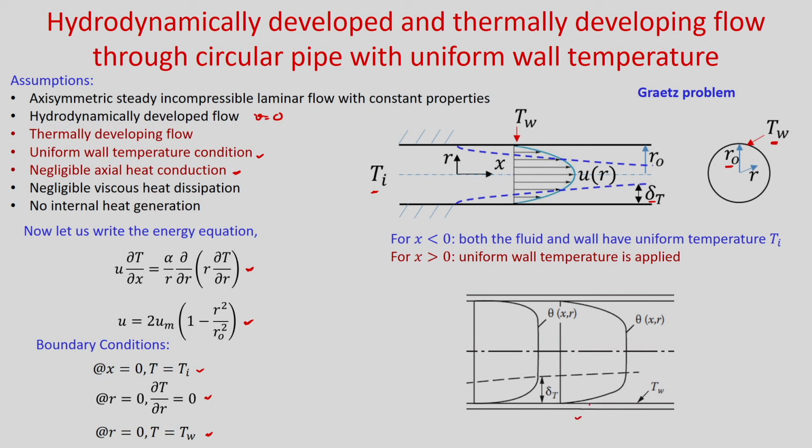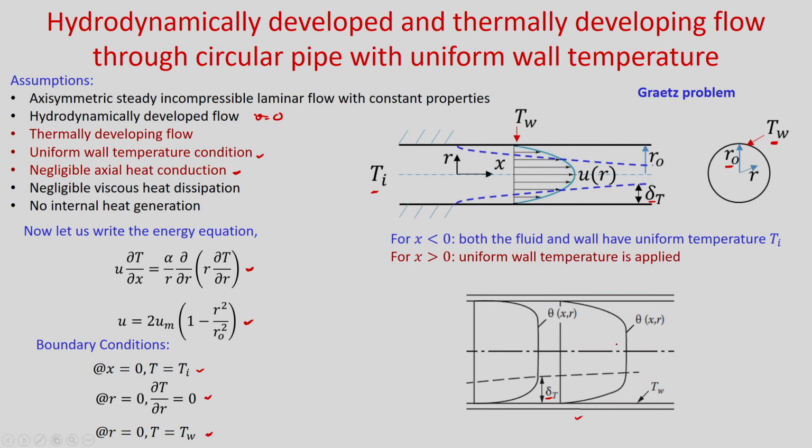In this figure you can see that along the axial direction there will be a change in the temperature profile. The temperature variation will occur only inside the thermal boundary layer, and in the core region temperature will remain at Ti.